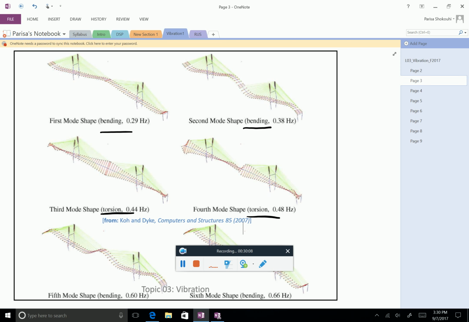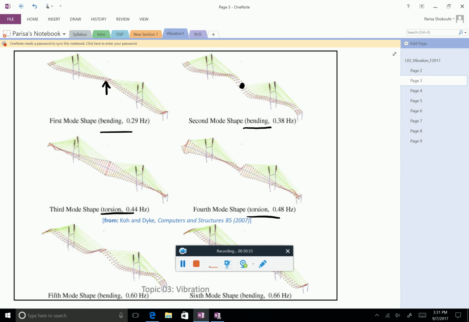And now you see how this is being used in structural health monitoring. If you look at the center of this bridge, you see that in some of the modes, that center is completely still. It doesn't move. But in some other modes, it's actually moving the maximum. So what does that tell you?